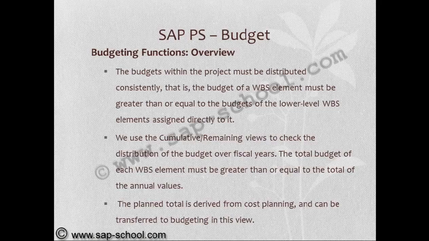We use the cumulative or remaining views to check the distribution of the budget over fiscal years. The total budget of each WBS element must be greater than or equal to the total of the annual values. The planned total is derived from cost planning and can be transferred to budgeting in this view.